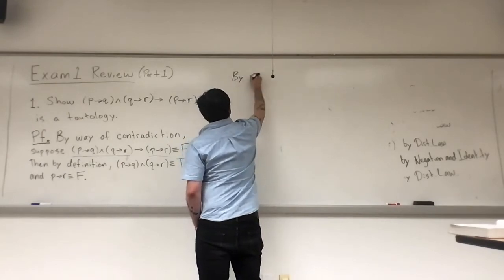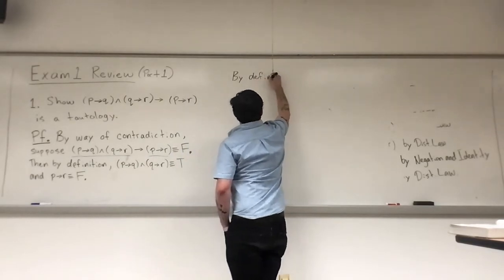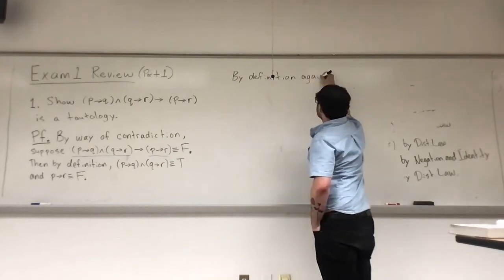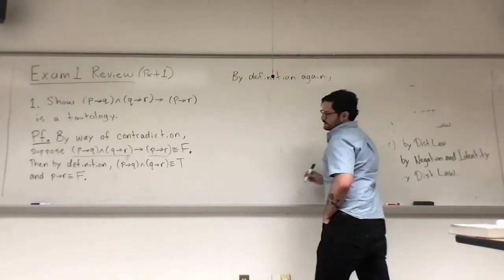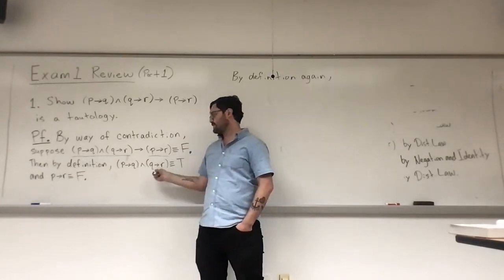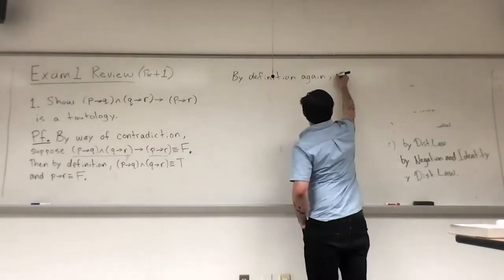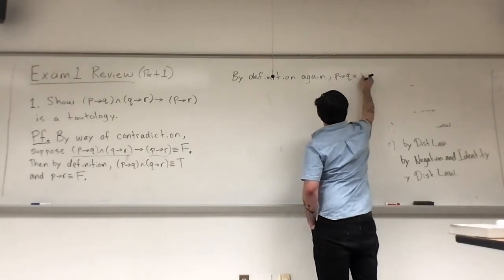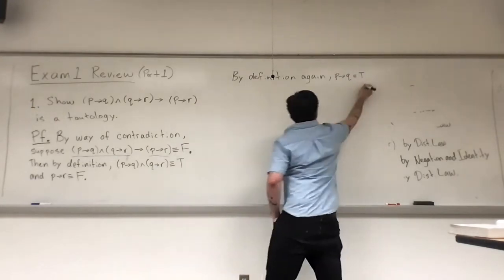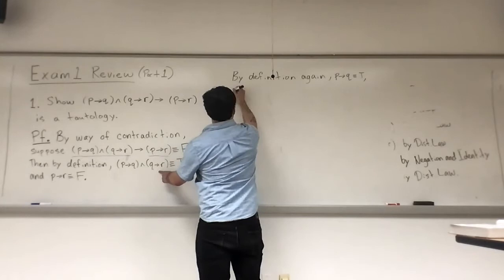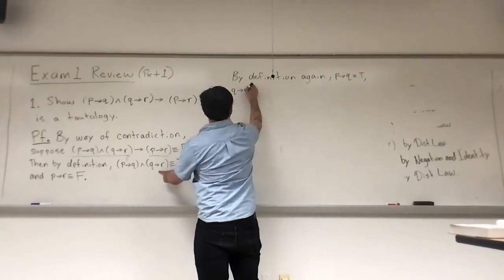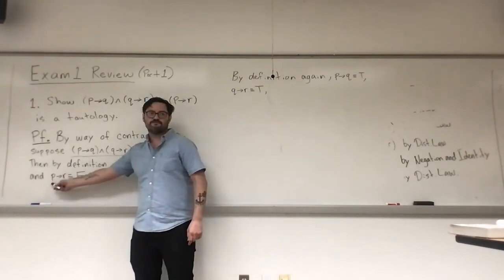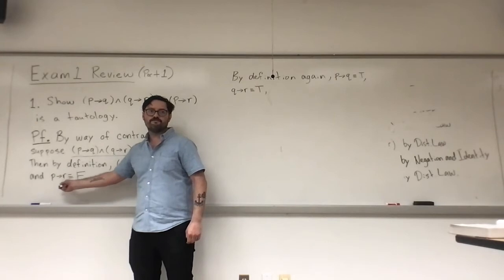By definition again, this is true, which means that's true and that's true. So if P then Q must be true. If Q then R must be true.